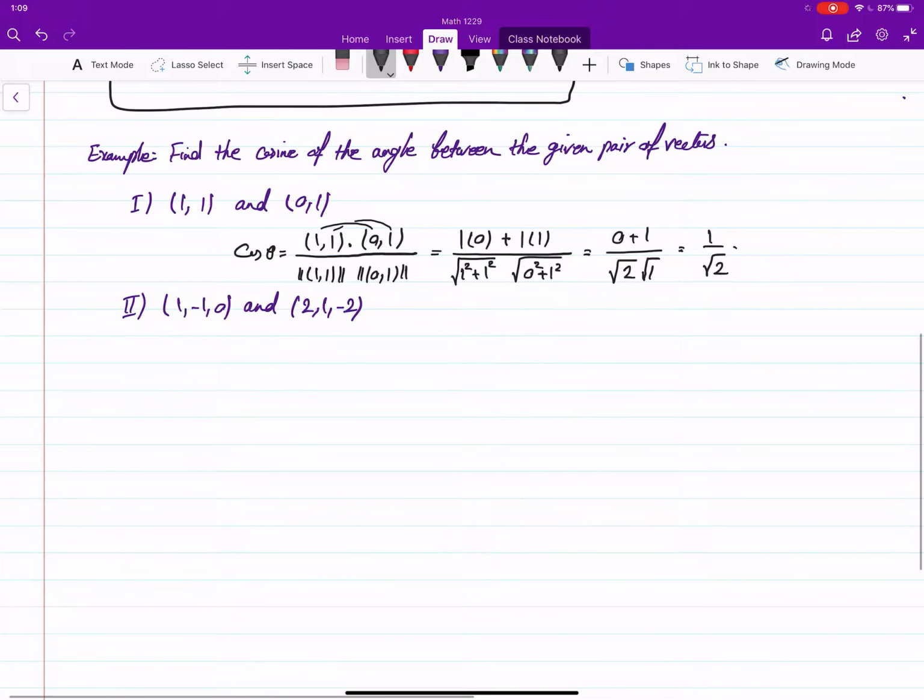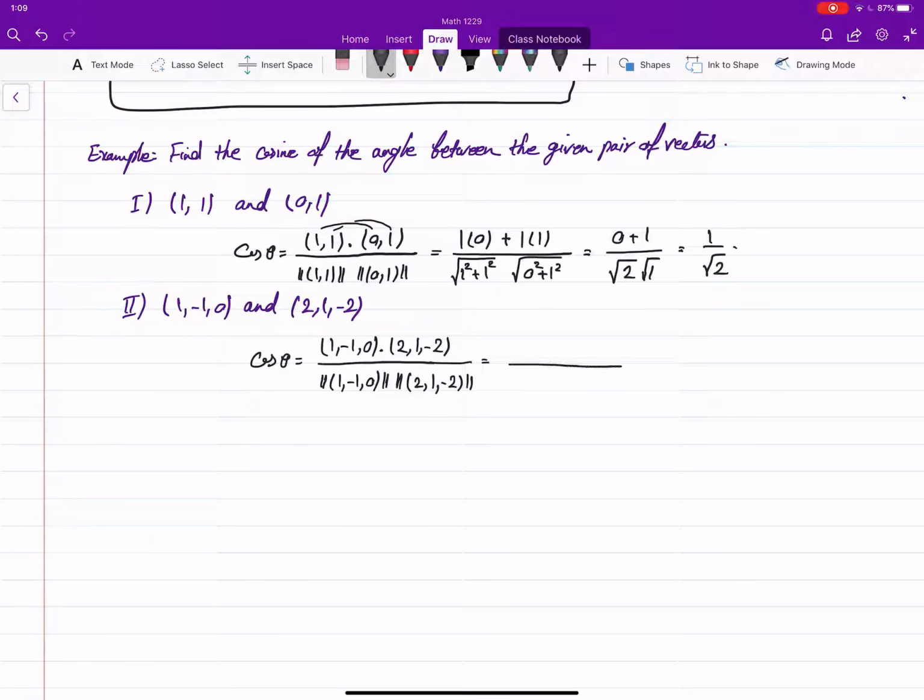How about 1 and the other two vectors? So we have to find three things. 1, -1, 0 dot 2, 1, -2, and then the length of 1, -1, 0, and the length of 2, 1, -2.